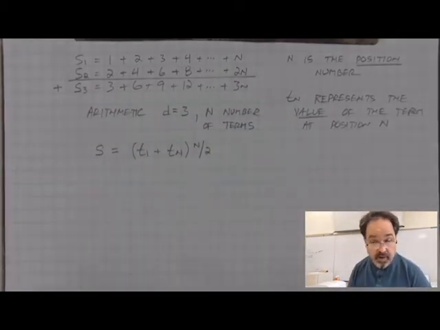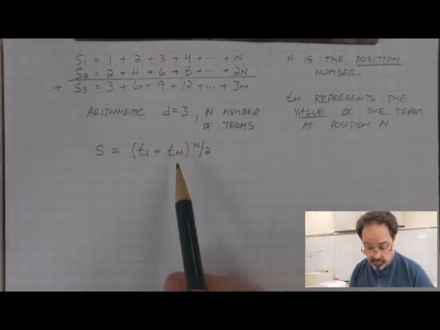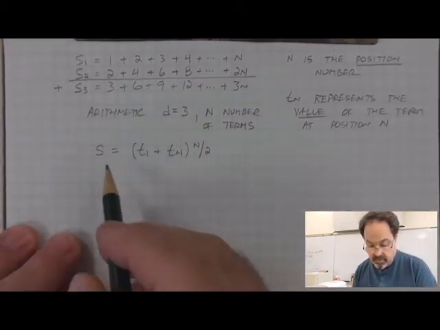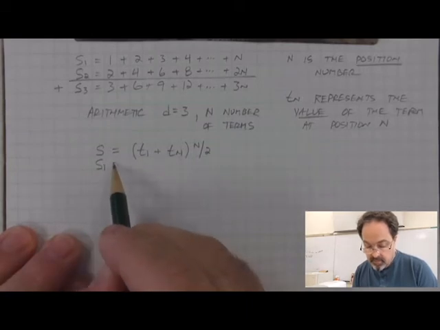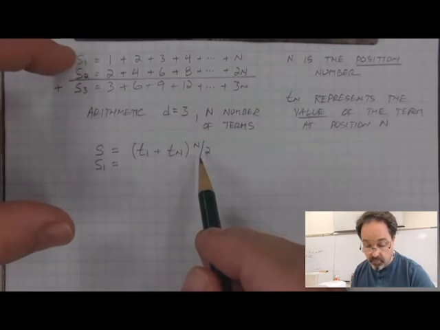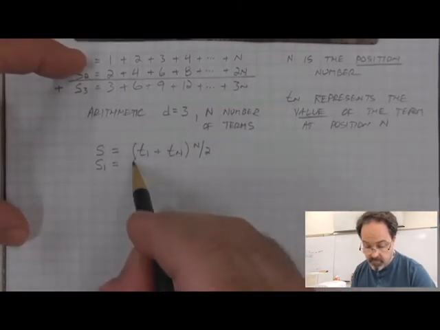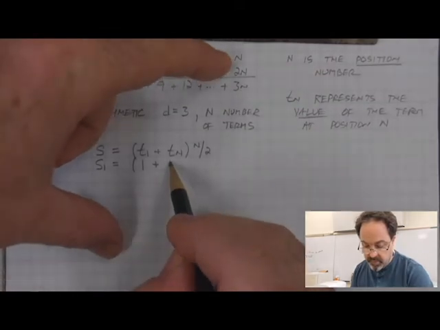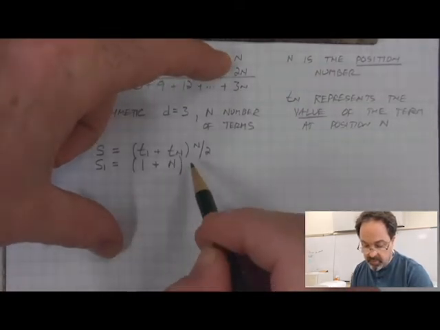If you're not sure how we were able to produce this formula, then you're welcome to just apply it. In this case, S sub 1 using this formula means that we're going to find the sum of all of these terms by adding the first and last term, 1 plus n, and then multiplying by the number of terms divided by 2.